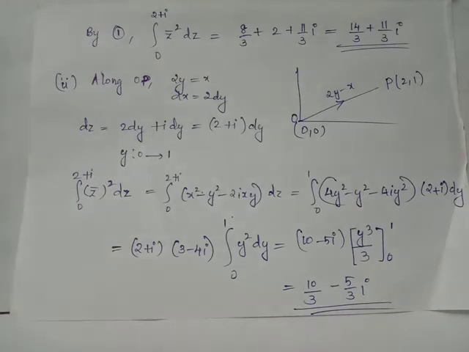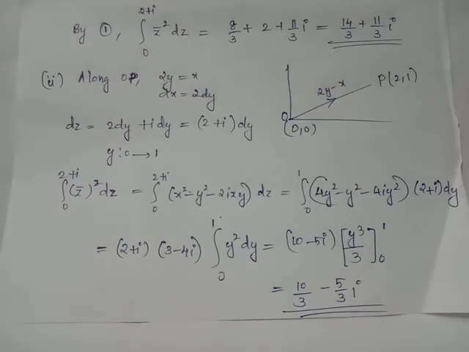We have 2y equals x drawn roughly like this, with (0, 0) represented using O, and the point P with x coordinate 2 and y coordinate 1 represented here. Along OP, we have 2y equals x, therefore dx equals 2 dy.